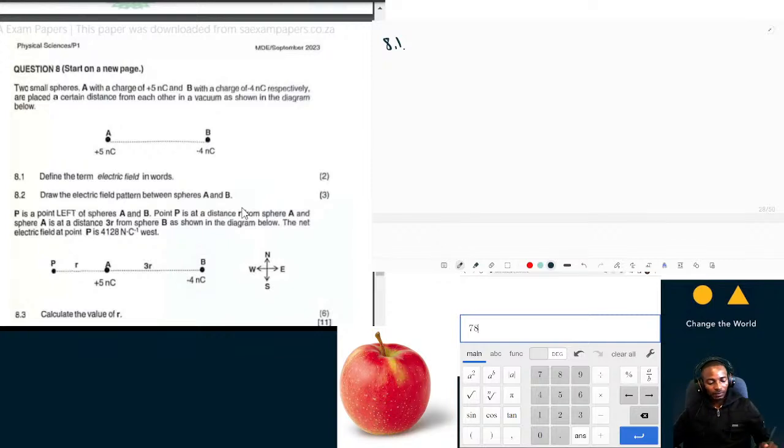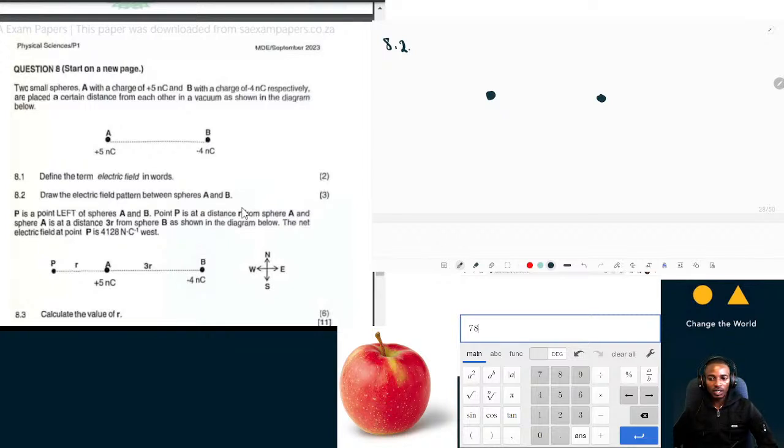Okay. Then 8.2. We need to draw the electric field pattern between sphere A and sphere B. Sphere A is positive and sphere B is negative.